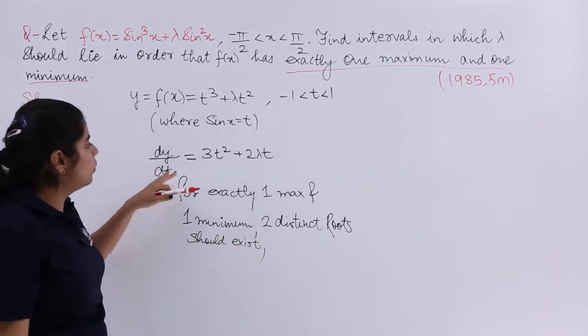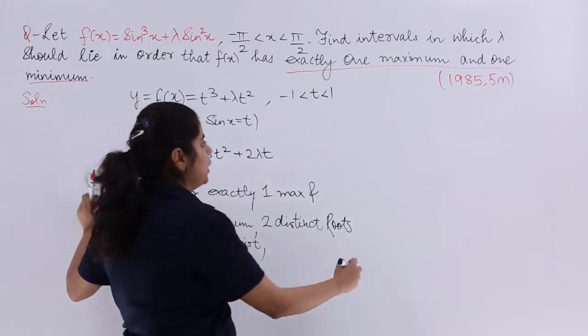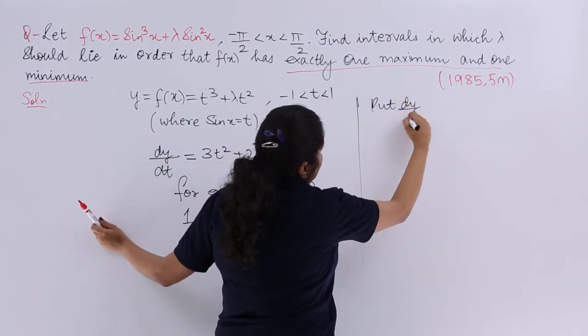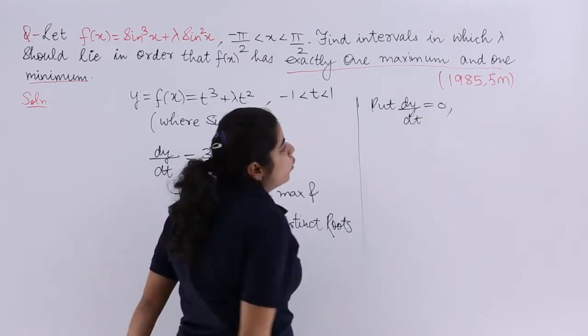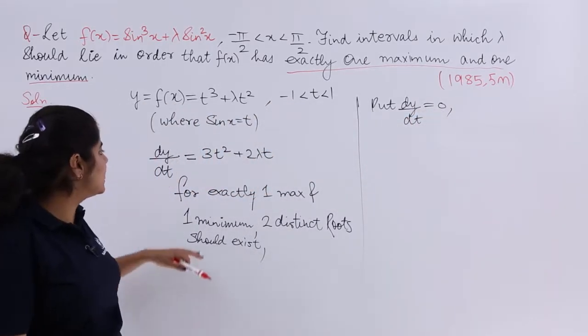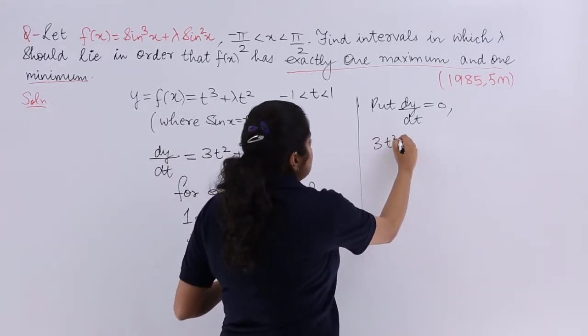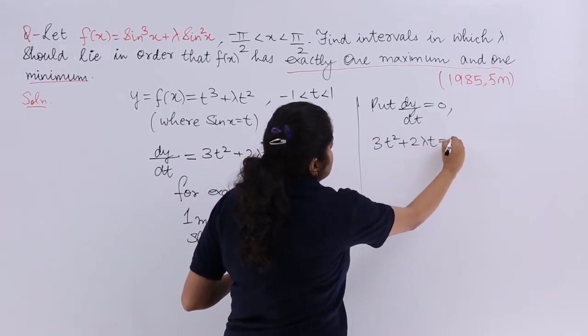So what I do now, dy/dt I have to put equal to 0. So the second step of the solution, put dy/dt equal to 0. So 3t² + 2λt = 0.